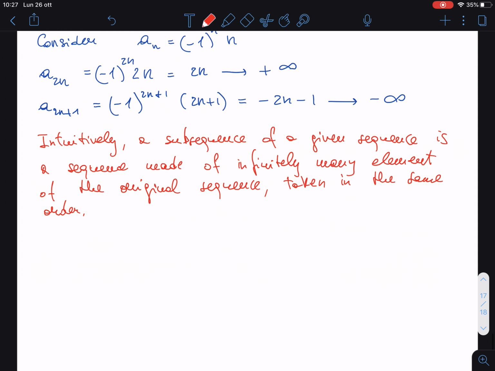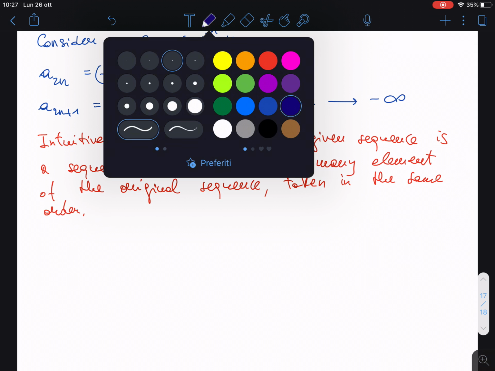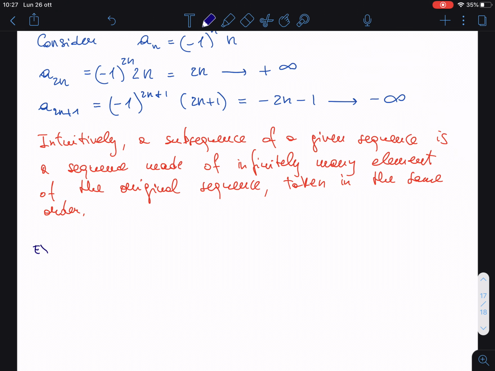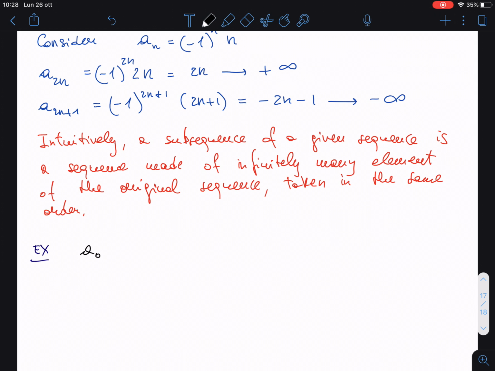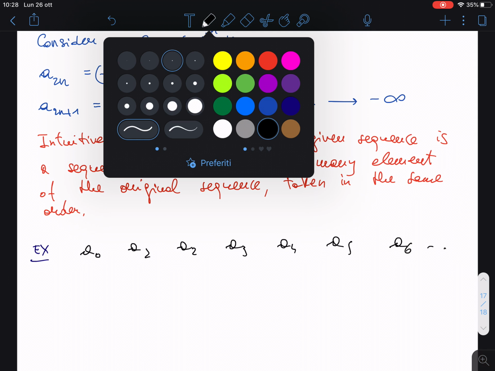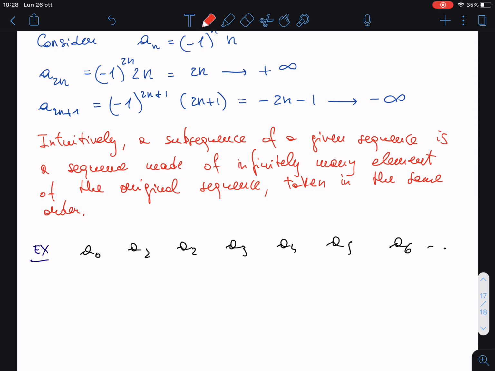So pictorially, consider a situation like the following. You have the elements of the original sequence that are a_0, a_1, a_2, a_3, a_4, a_5, a_6, and so on and so on. And you choose some of them.